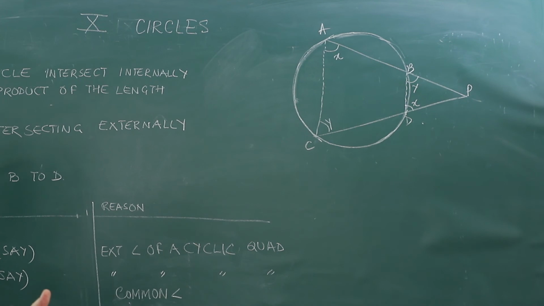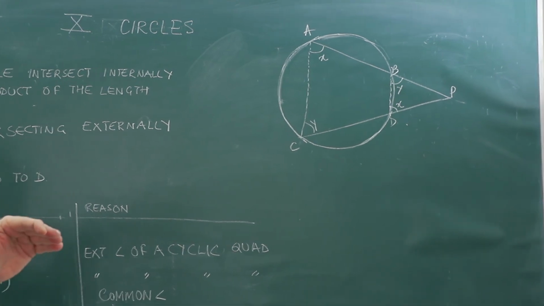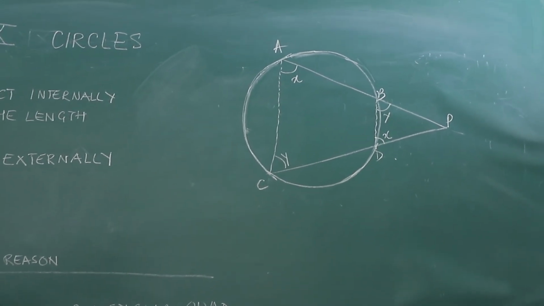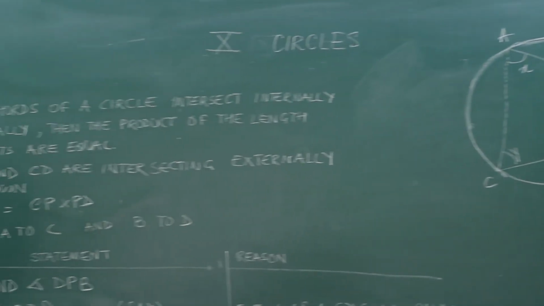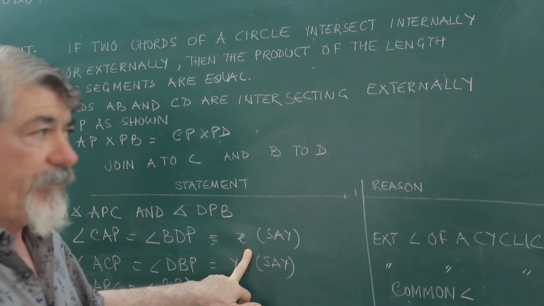ACDB is a cyclic quadrilateral, and I have extended the side CD to point P. So the angle BDP is the exterior angle of the cyclic quadrilateral, and that exterior angle is equal to angle A, the interior opposite angle of the cyclic quadrilateral. So we have said CAP is equal to BDP, X, like we have shown in the figure.